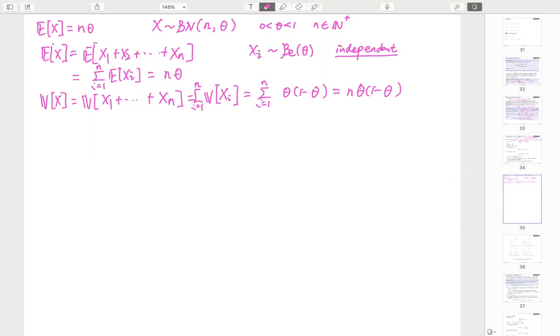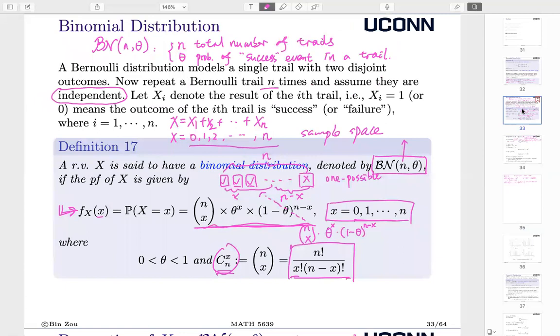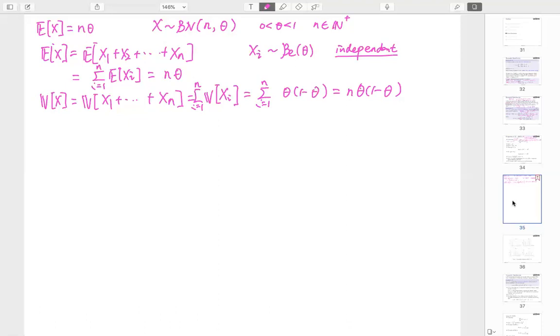And if we treat definition 17 as the definition for the binomial distribution, to prove those two results is slightly more challenging, but not impossible. What I mean is, okay, so this is the first method. I can try a different one, for instance.